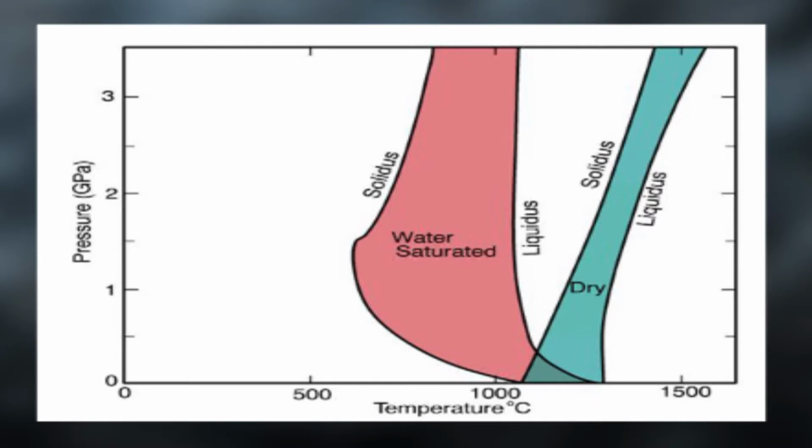Melting also takes place when the influx of volatiles, mainly water, occurs during metamorphism. This wet solidus or water saturated curve is characterized by temperature reduction as pressure increases because of the vapor effect at high pressure.